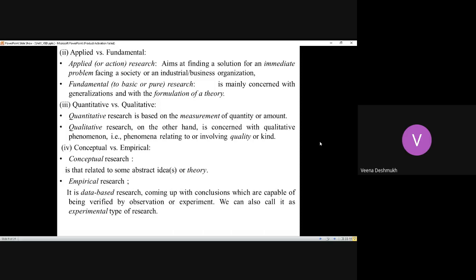Now, what is fundamental research? This we discussed earlier also: pure research, where you are trying to find a solution for a long-term problem. Say I gave the example of the diode and Shockley's equation. Now Shockley's equation, you know it very well. Now if I change the voltage levels or the bias voltage, what will happen?